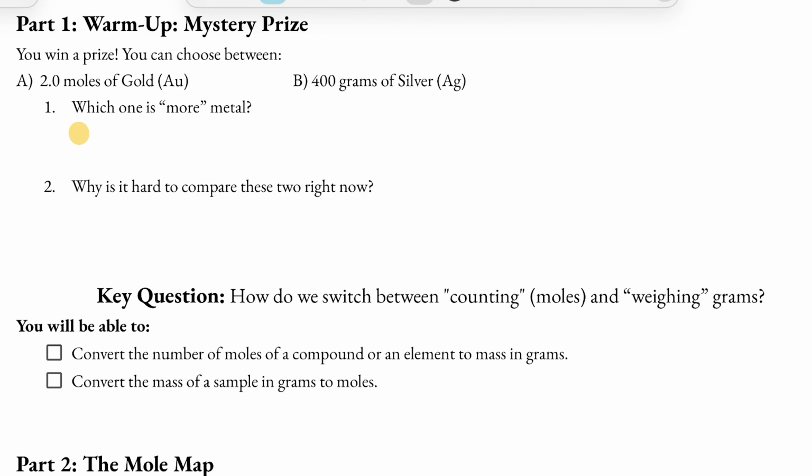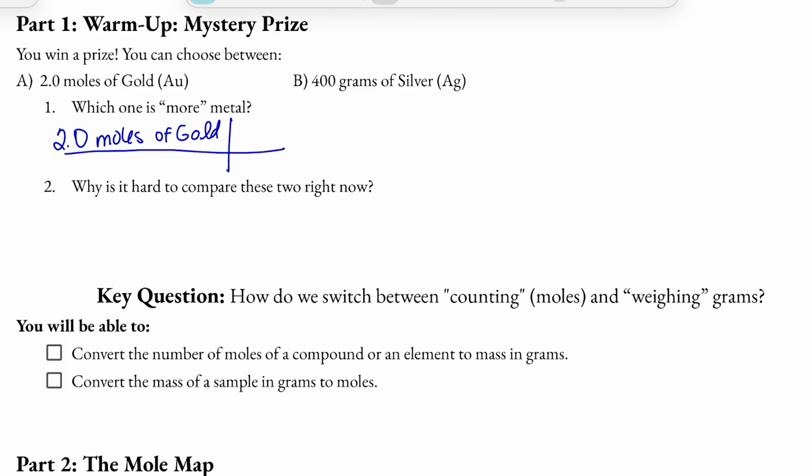So we're going to have to convert our units, right? So we're going to take our 2.0 moles of gold, and we're going to try and find what their mass is.